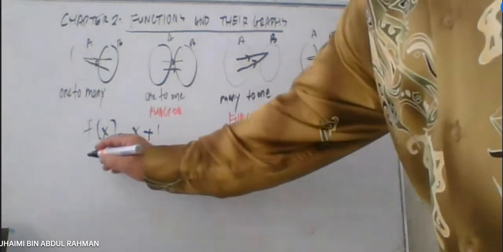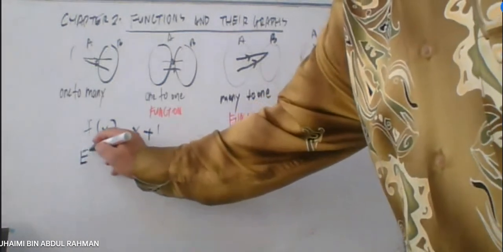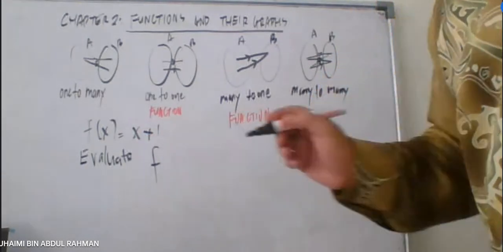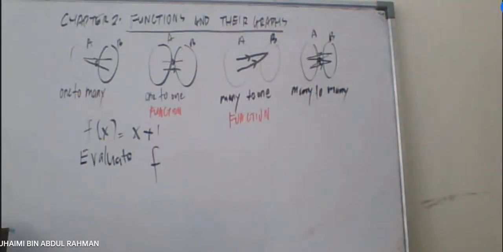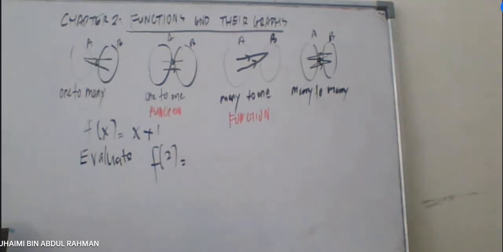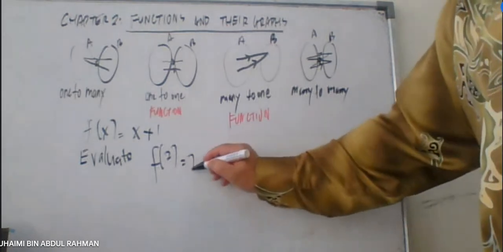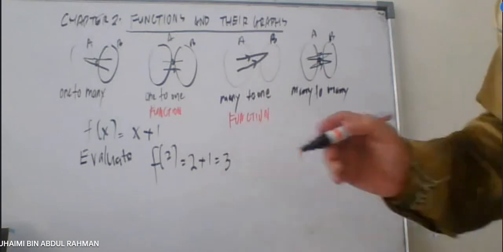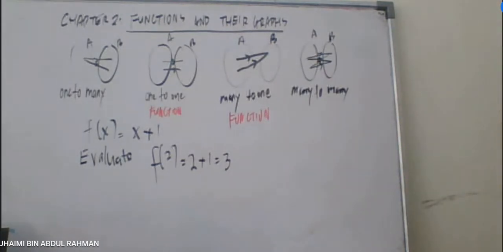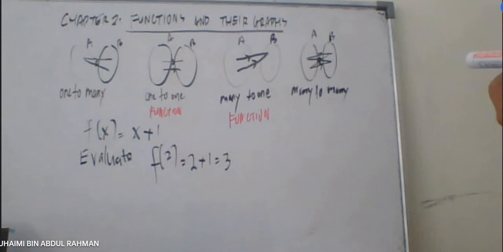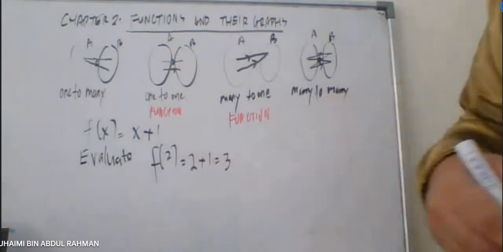So how to evaluate f(2), for example? You just put 2 in terms of x. You get 3. That's the value of the function f(x) = x + 1 for the case when x is 2.